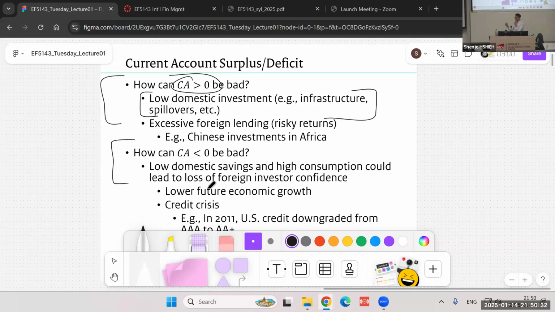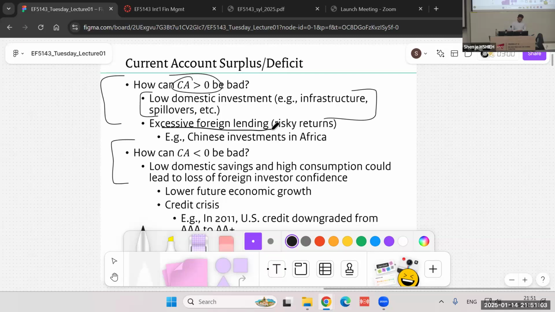S minus I, small I, big S. Which means that you may not be investing in your own local economy very much. And that would mean that much of the spillovers in terms of technology development or housing development are not being realized. And it's possible that the returns you get on investments abroad may not actually be very good or safe, right? Could be risky. In other words, excessive foreign lending is not necessarily a good thing.